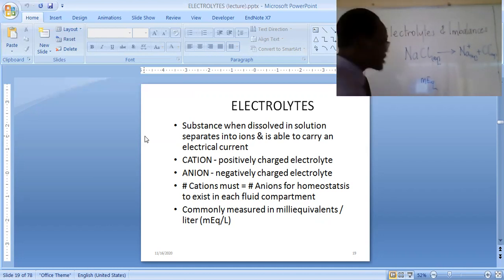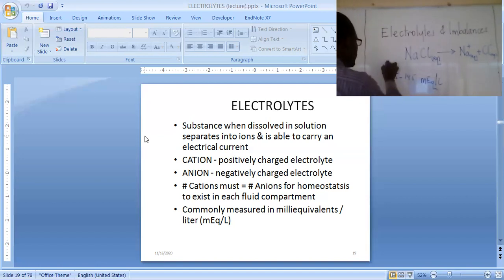This is what you will always find. For example, the normal concentration of sodium is 135 to 145 milliequivalents per liter. So these are the units of measurement of these ions.